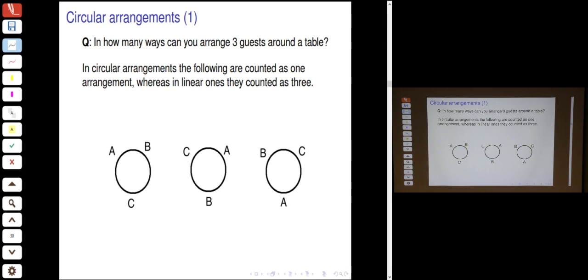So we have overcounted if we treat it as if we are on a line. How many ways of overcounting? 3, because think of this position held by A, and these 3 arrangements are actually the same. So you overcount 3 times.